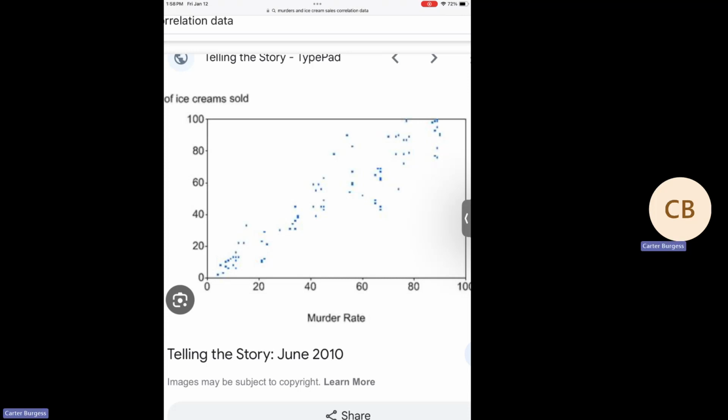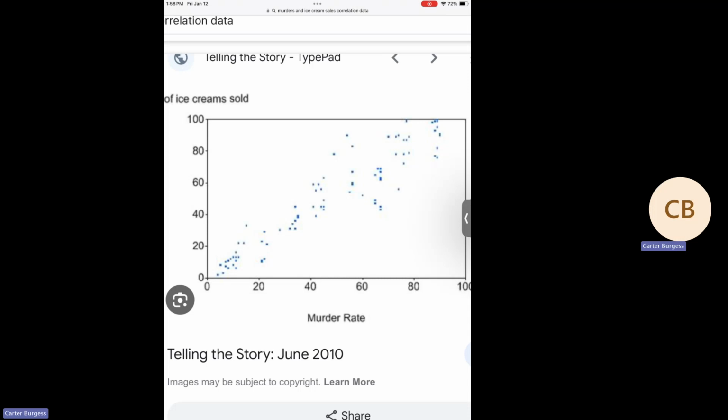My favorite example, which might not be 100% true anymore, but certainly historically drives home that correlation and causation are not one-to-one, is this example here. This is actual data that was collected looking at ice cream sales and comparing them to murder rates at the time for those particular ice cream sales.